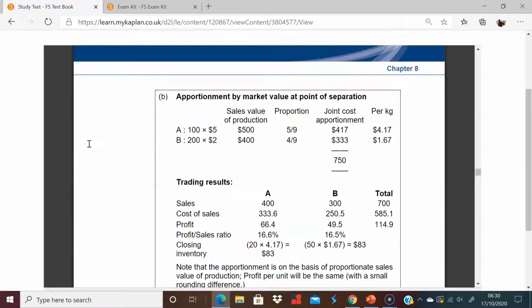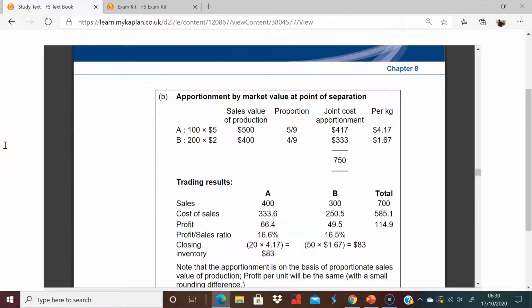So here's your joint cost, so it's £4.17 per kilogram here, and £1.67 per kilogram. So just multiply that £4.17 by your 80 units that you're selling. £4.17 times 80 will give you 333.66, and you have your profit margin.